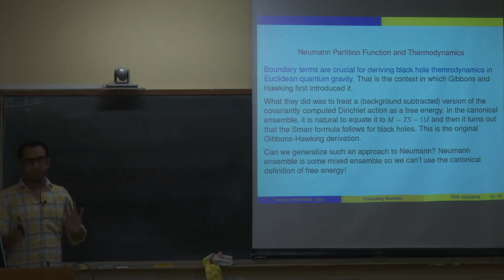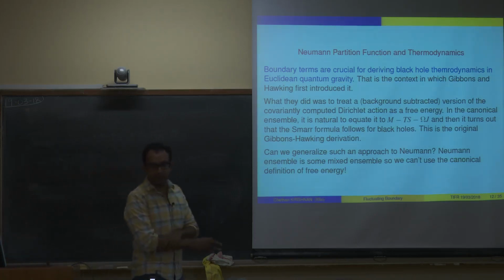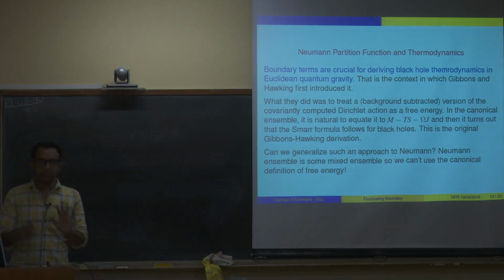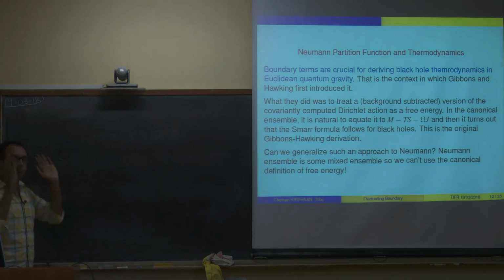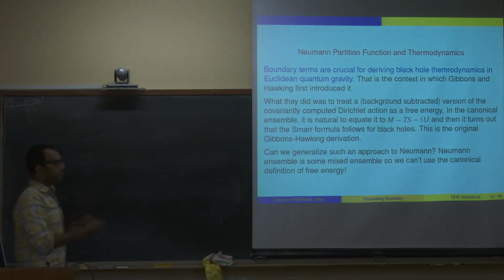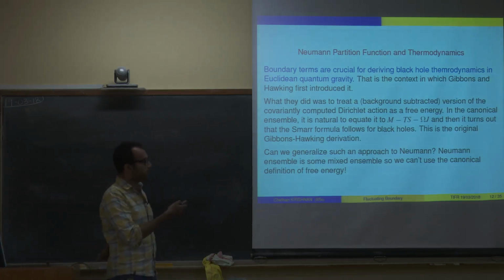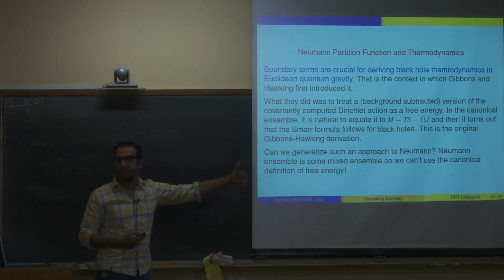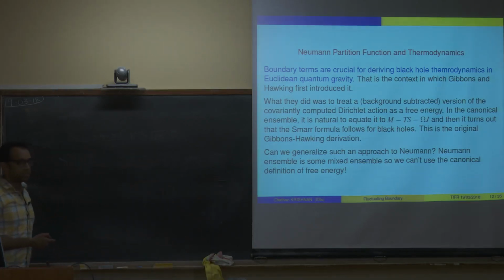It's not a well-known paper, but it's a very nice paper where they clearly show that the periodicity comes purely from regularity of the Euclidean or complexified section. But here they take the periodicity as an indication that it is the canonical ensemble, and they get the correct answer.